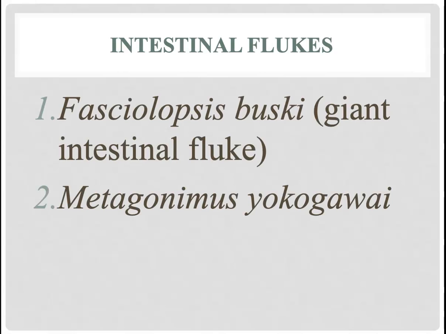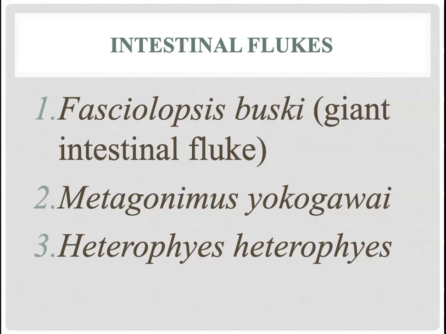Okay, so now I'm going to categorize the organ-dwelling flukes, meaning not the blood flukes, by where they live in humans. So you have 3 intestinal flukes, meaning the adults are going to inhabit the intestines for these 3.